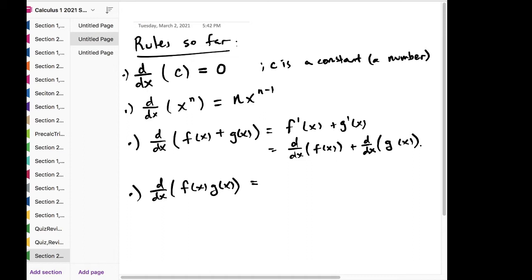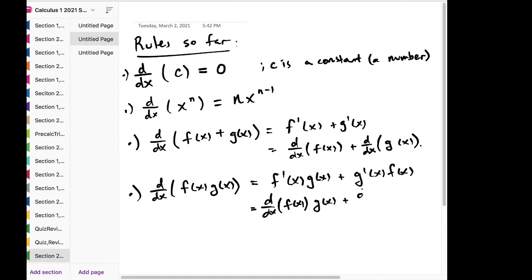Correct, yeah. I like to write the derivative of f first. That's fine. And then plus g prime f of x. Or d dx of f of x and d dx g of x.